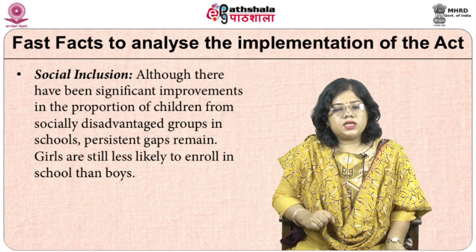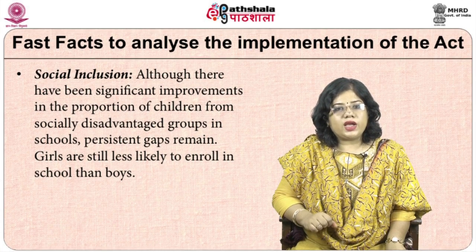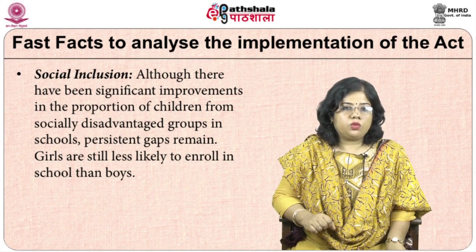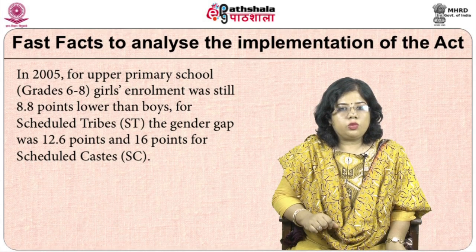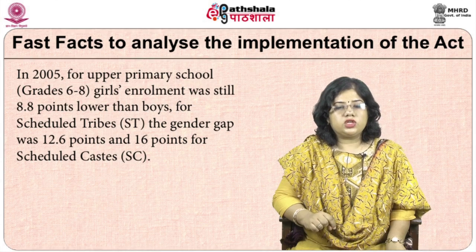Although there have been significant improvements in the proportion of children from socially disadvantaged groups in schools, persistent gaps remain. Girls are still less likely to enroll in school than boys. In 2005, for upper primary school, grades 6 to 8, girls' enrollment was still 8.8 points lower than boys. For scheduled tribes, the gender gap was 12.6 points and 16 points for scheduled castes.